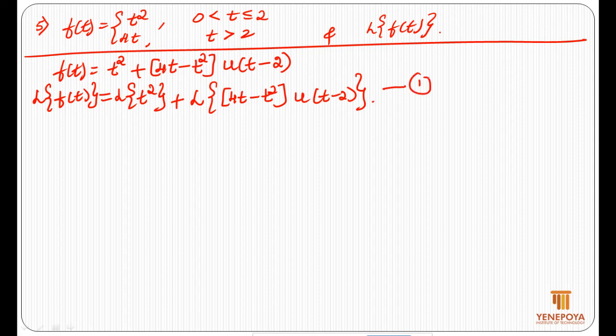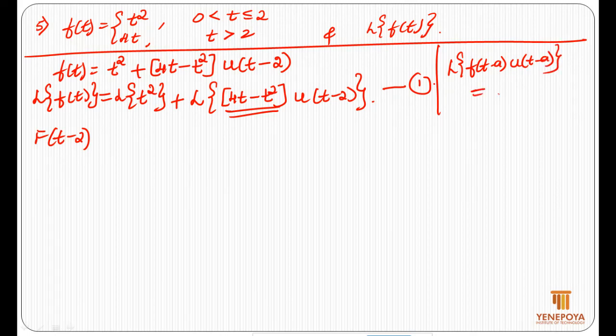I'll take this equation as 1 since we want that as the last answer. So now I will take this term as capital F of t minus 2, since the Laplace transform of f of t minus a into u of t minus a formula is e power minus as f bar of s.